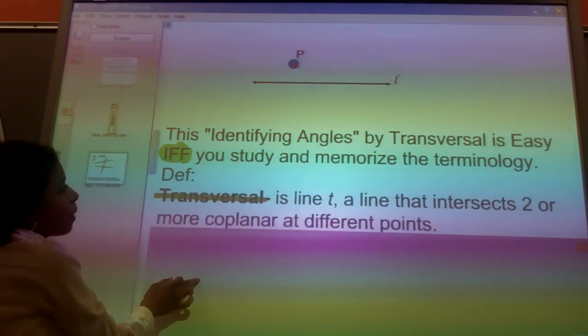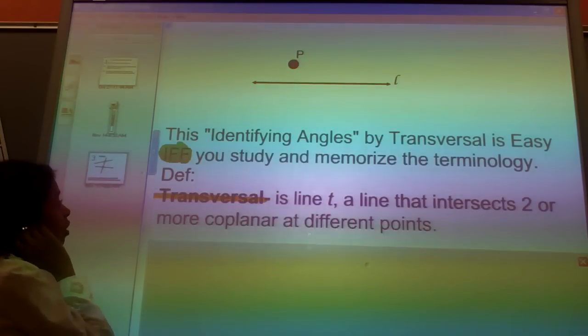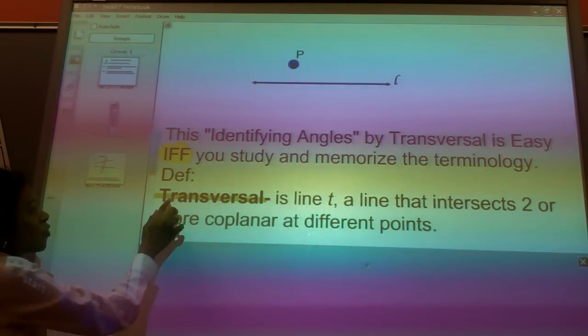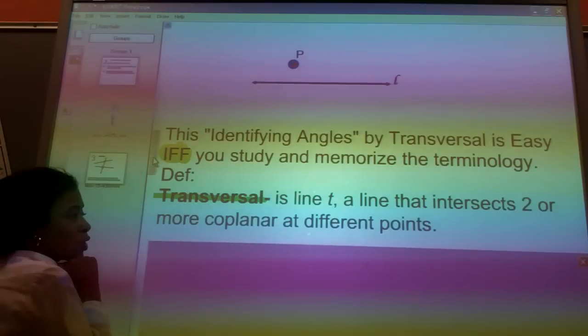Identifying angles by transversal is easy if and only if you study and memorize the terminology. First of all, you need to know the definition of a transversal line.